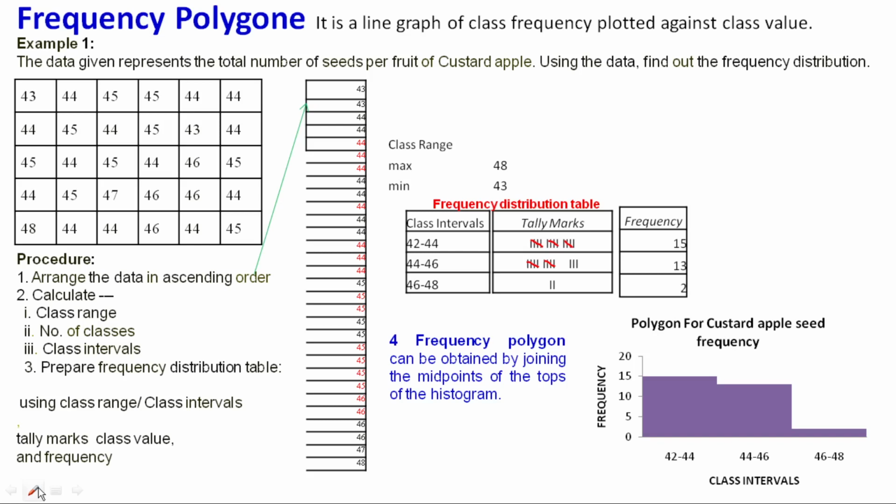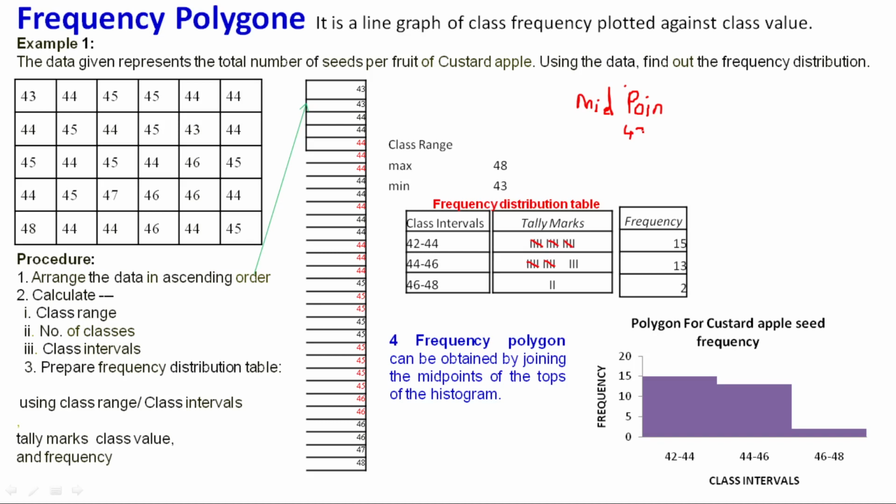Whatever is present here, that is 42, okay, is the lower limit, and the upper limit in this particular case is 44, am I right. So the summation of both divided by 2 gives the midpoint for the first class, that in this case is 43.